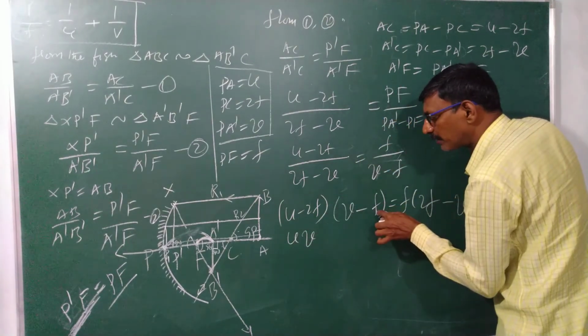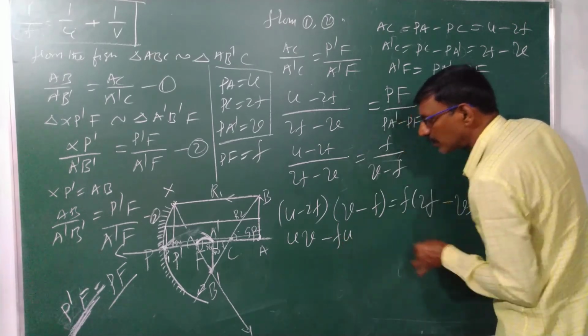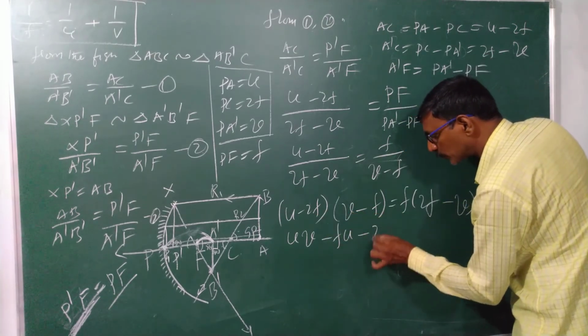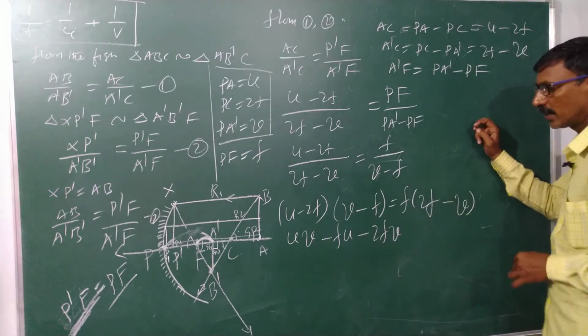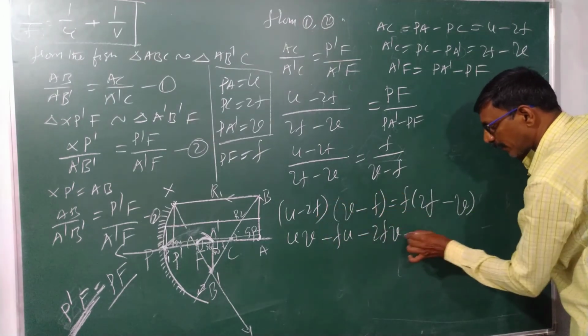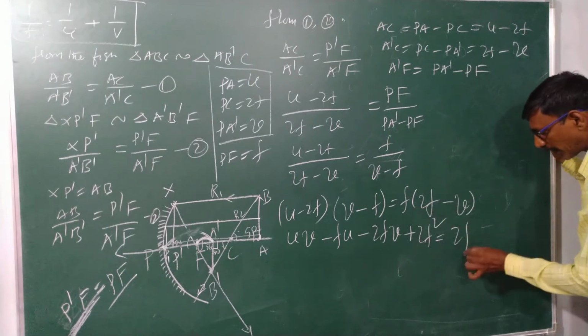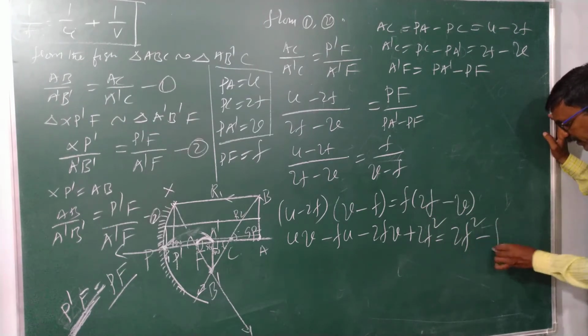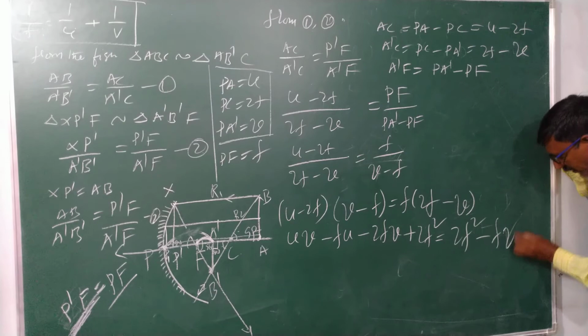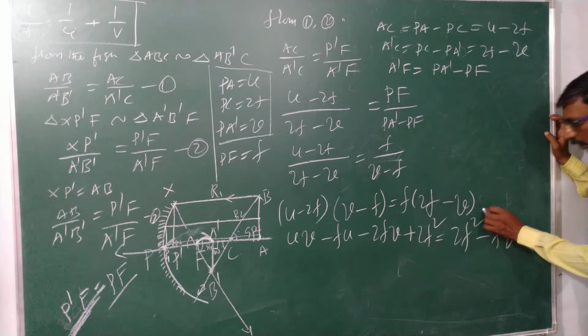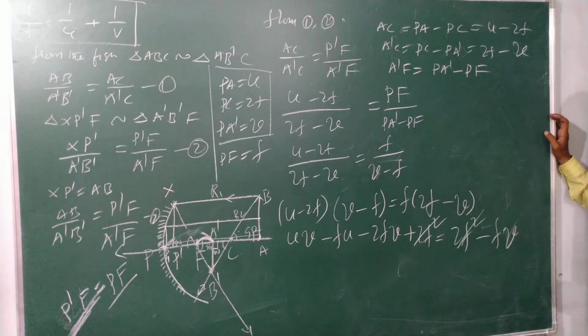First term into second term, minus FU. Second term into first term, minus 2FV. Second term into second term, plus 2F square, equals 2F square minus FV. 2F square cancels.